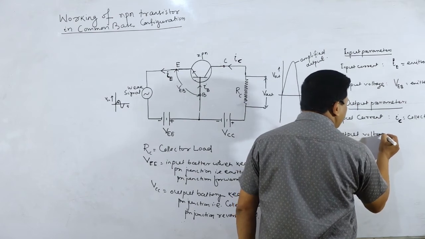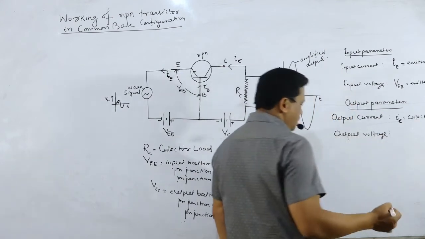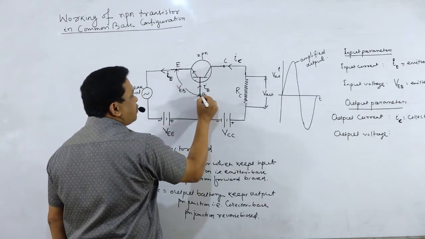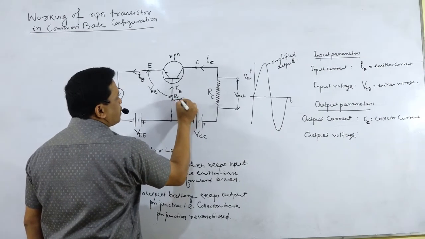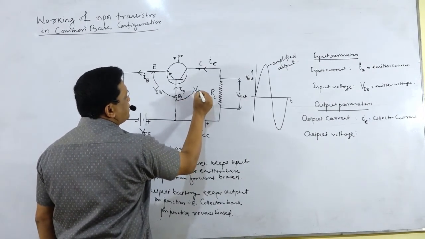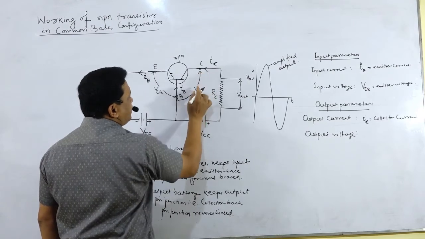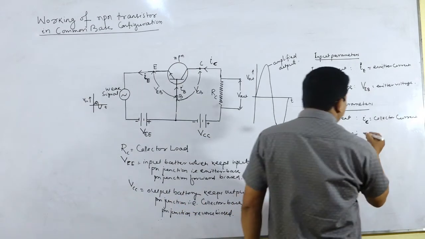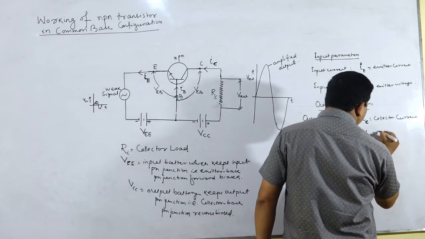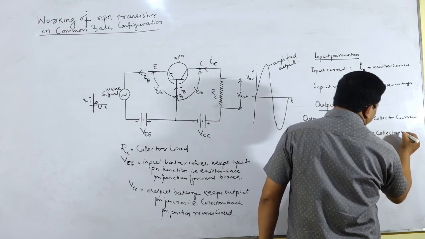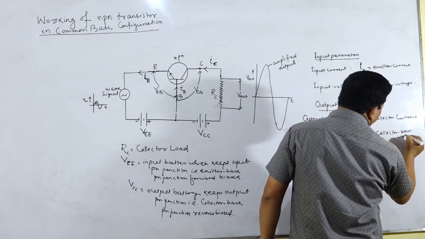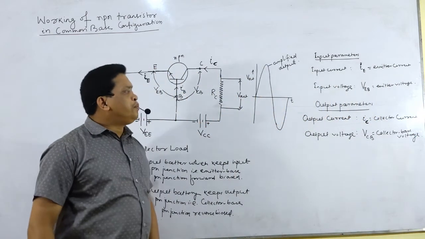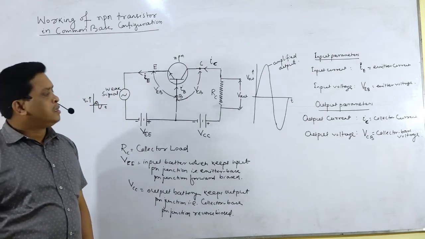Here, look, the collector base voltage VCB is the output voltage. So these are the input and output parameters.